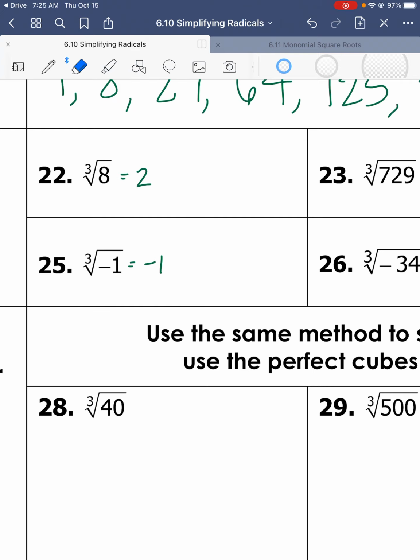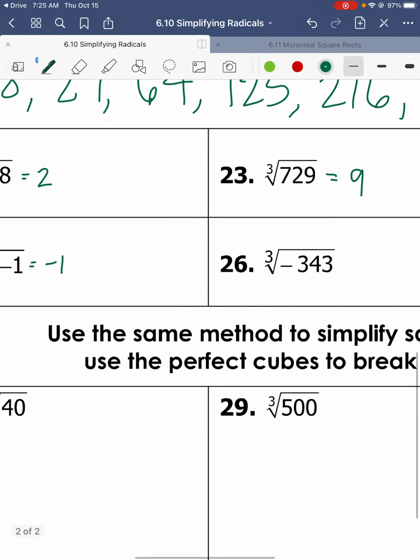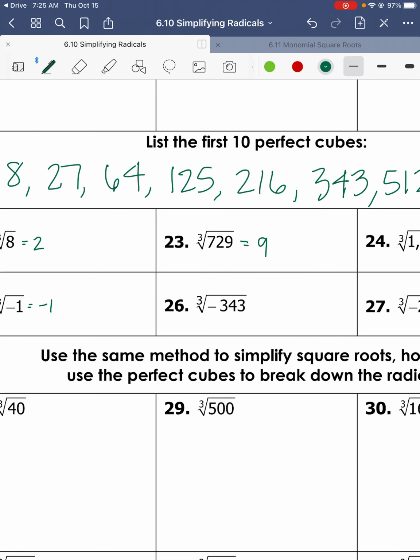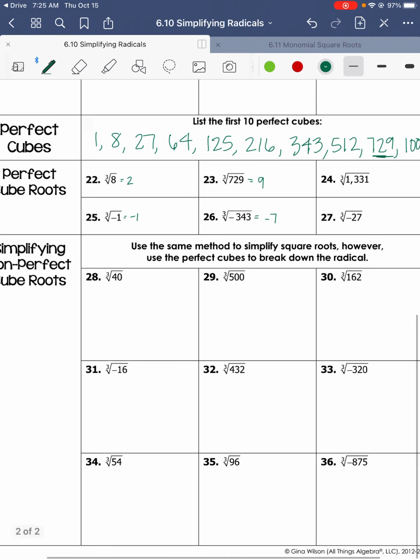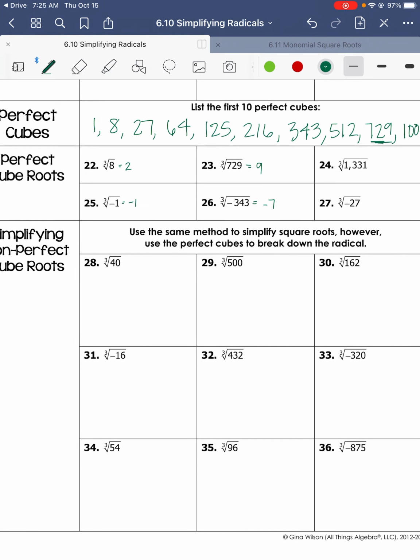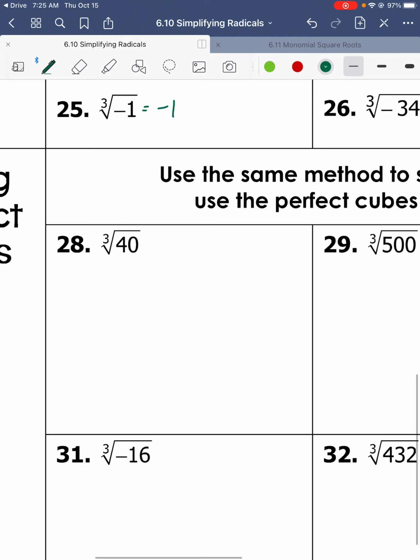So really with these negatives, it doesn't change anything. You're still taking the cubed root of that number, but the cubed root will be negative. Okay, so 343, we saw up here, that's 7 cubed. So we'll write 7, but since it's negative, it's going to be negative 7. Okay, so you can do 27 on your own, and then I'll just do 1 or 2 of these examples here.